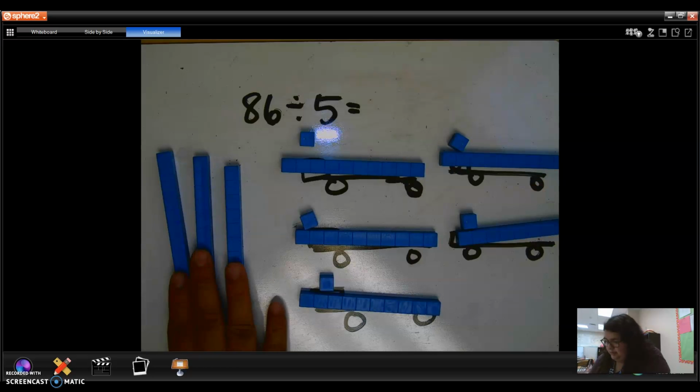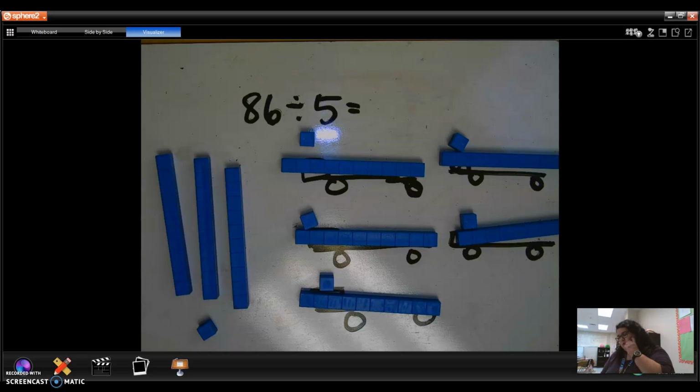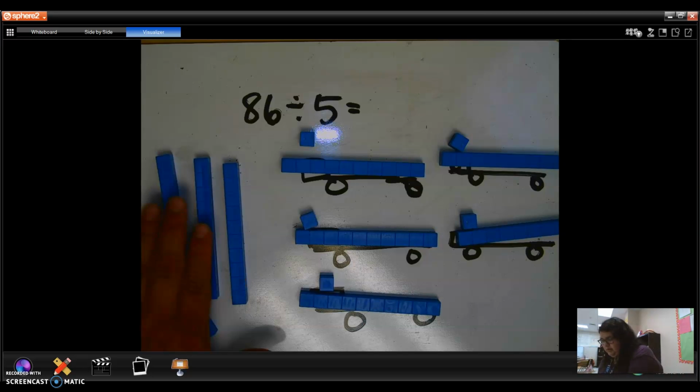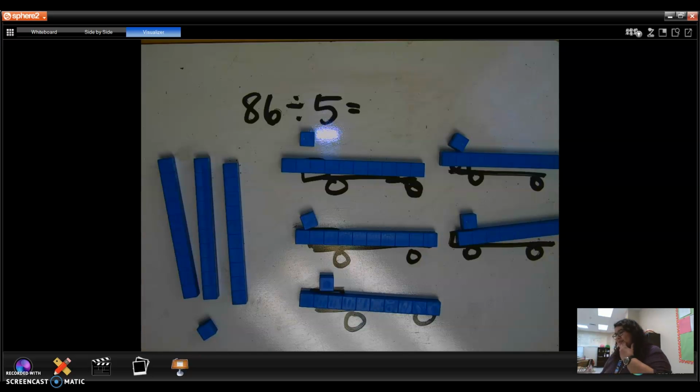Now I'm left with 31. So I don't have enough to put a rod on each truck, one of these long packages. So I'm going to take these 3 10s and break them up into 1s. So I'm going to need 30, right?